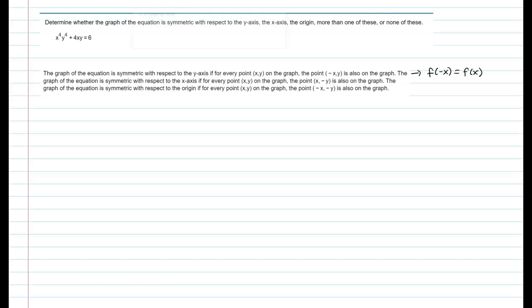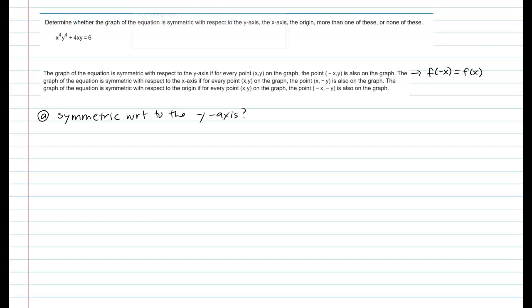So again, to check letter A, it is symmetry with respect to the y-axis.